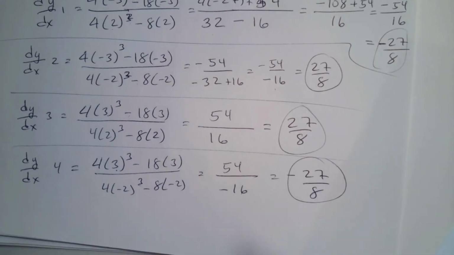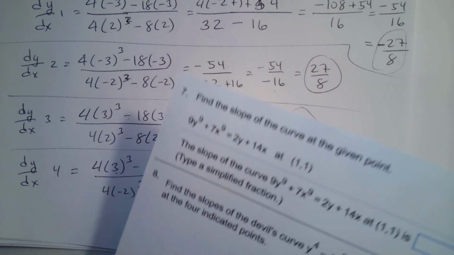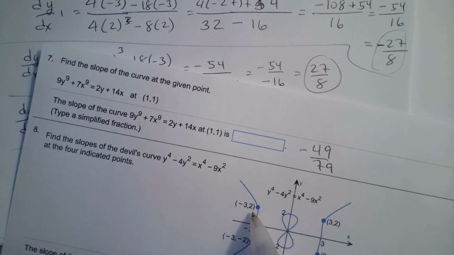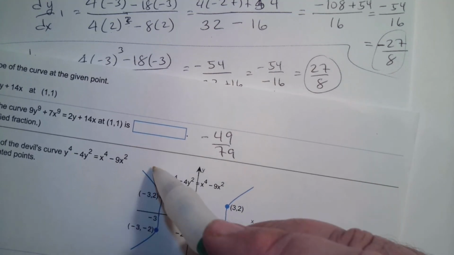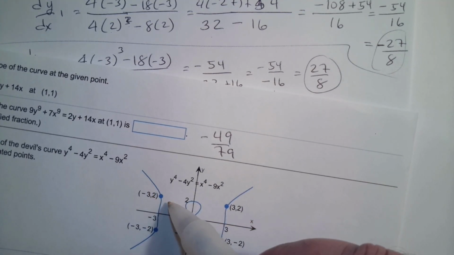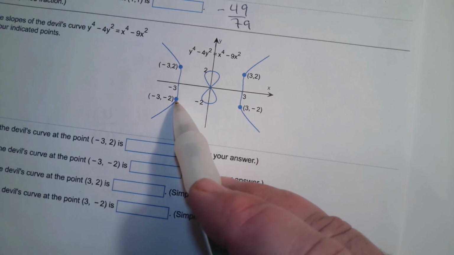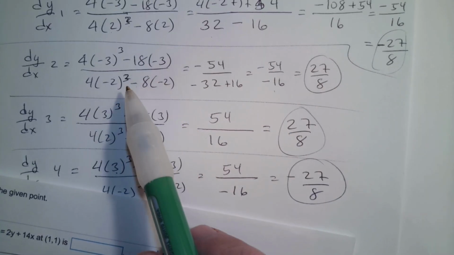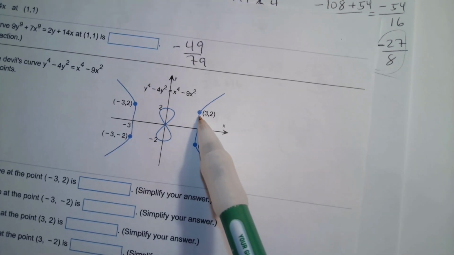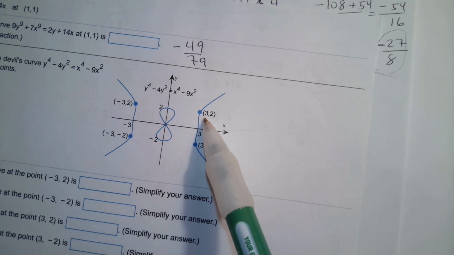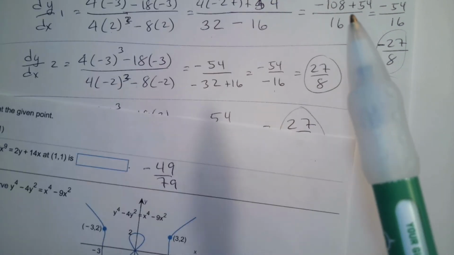And we can see that, because at negative 3, 2, the slope is negative. At negative 3, negative 2, the slope is positive. Also, in the first quadrant, at 3, 2, it's a positive slope.